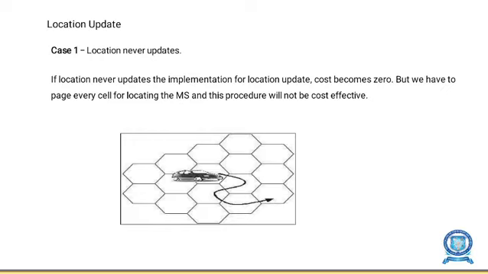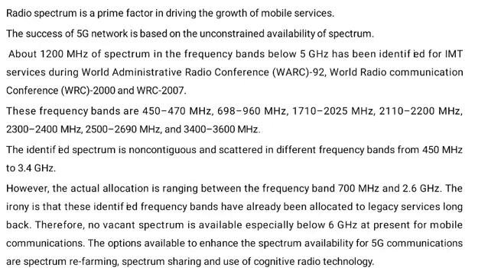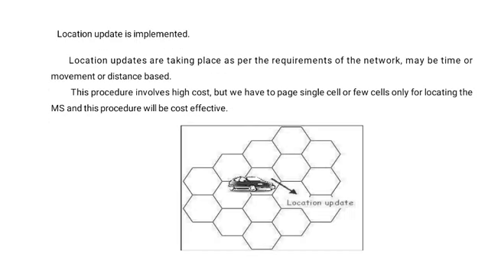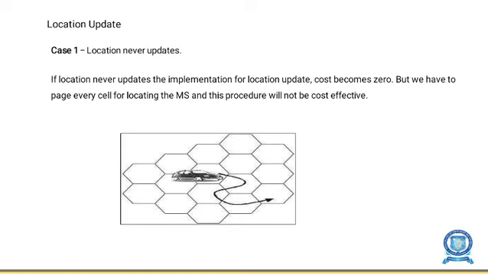So the location update can be done in three cases. One is location never update, another is location update is implemented, and the last one is how this location can be provided properly. Location never update is implemented so that the update cost becomes zero.